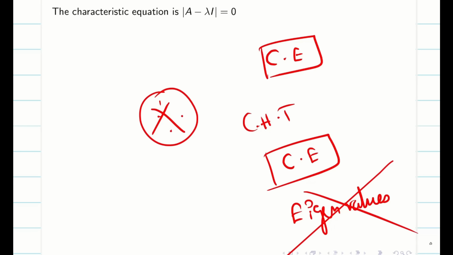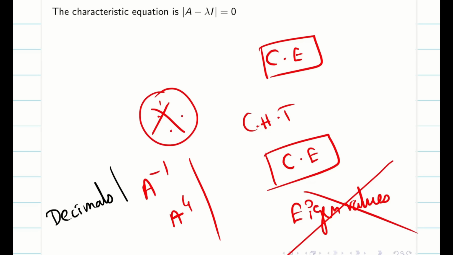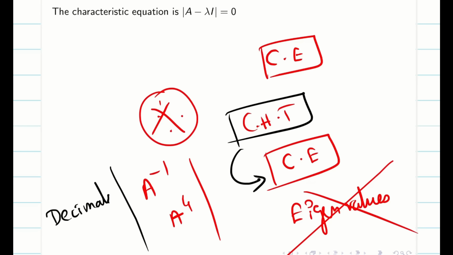Sometimes in practice we start to find the eigenvalues, but for the matrix given for the Cayley-Hamilton theorem verification or A inverse or higher powers, the eigenvalues may be in decimals. Then you may get confused and you may get misled. So whenever you see Cayley-Hamilton theorem, stop at the characteristic equation.